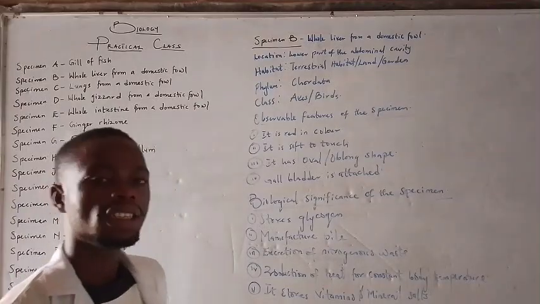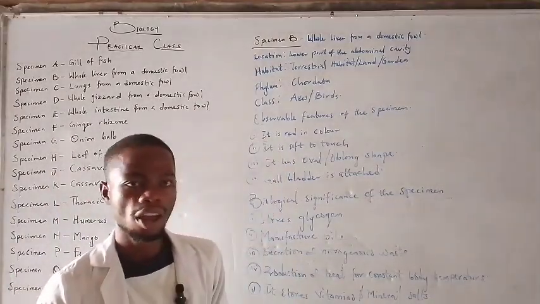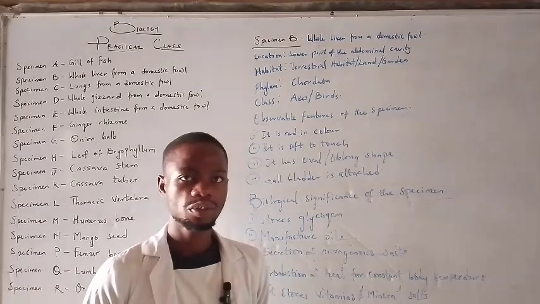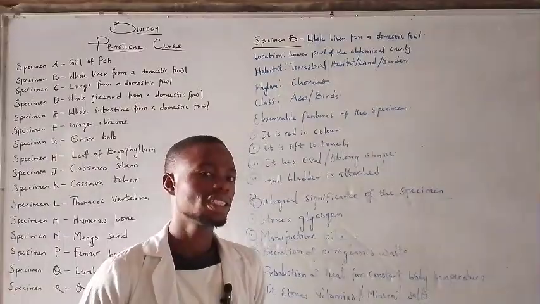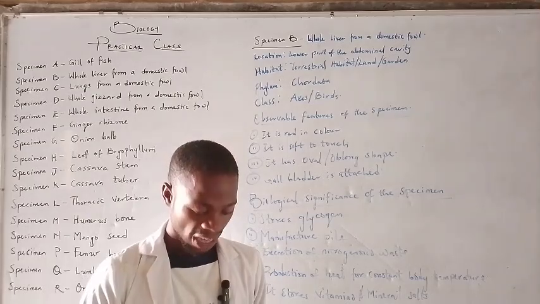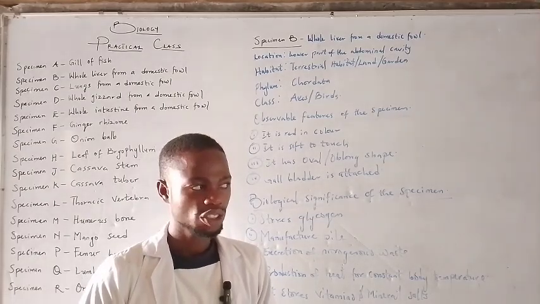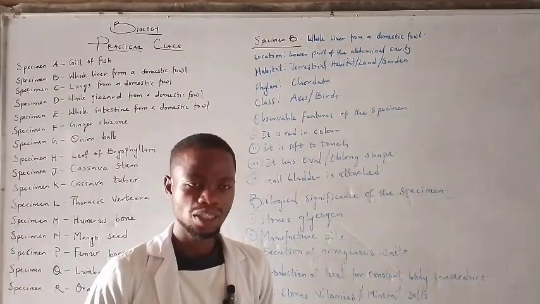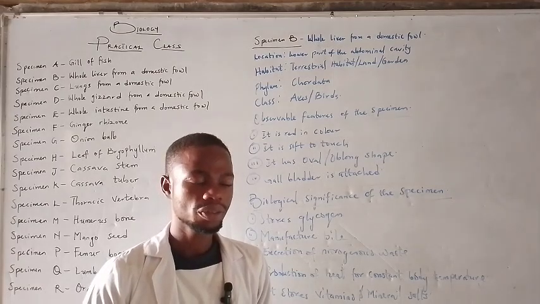Now, I said earlier that they asked us to prepare a specimen, which is liver, that has an attachment of gallbladder. I checked through the past question. I saw where the similar specimen were asked to prepare.